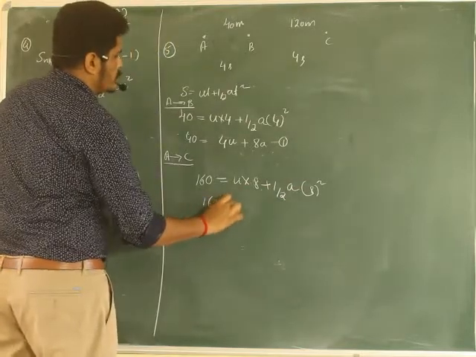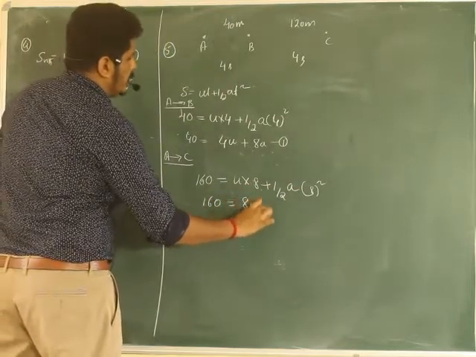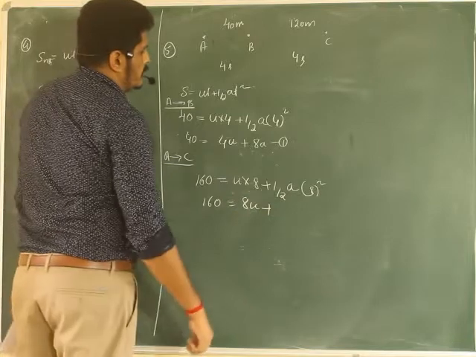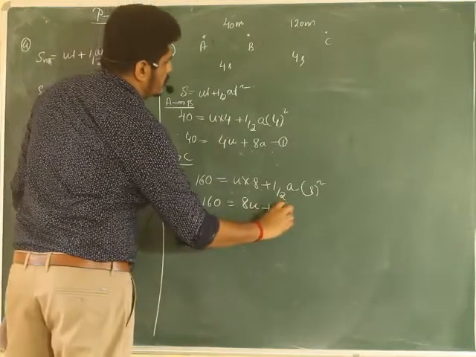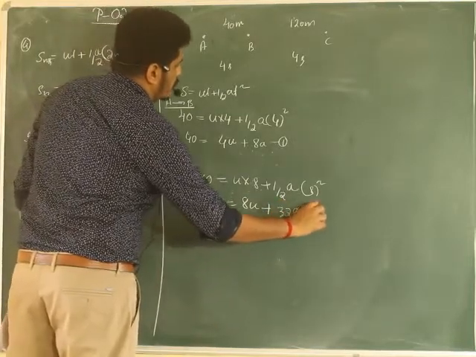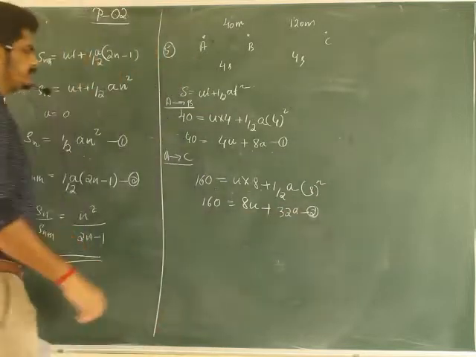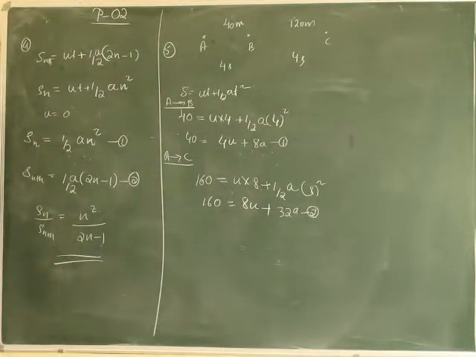So 160 equal to 8u plus 32a, equation number 2. So from A to B and then A to C. Hope you understood how to do that. Okay, so right now you got 2 equations, and what you're supposed to do? Let us equate.